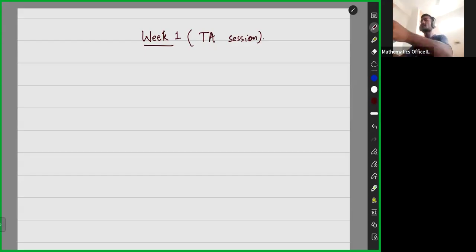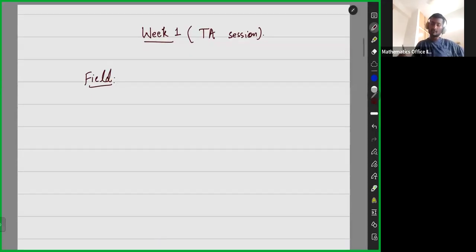Right. So we had started with the definition of field, right? What are fields? And then from here we assume that we know some fields like Q and the real numbers, where Q means rational numbers, and we define the complex number field, right?